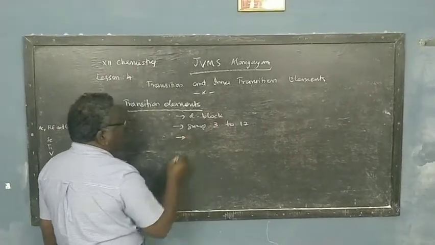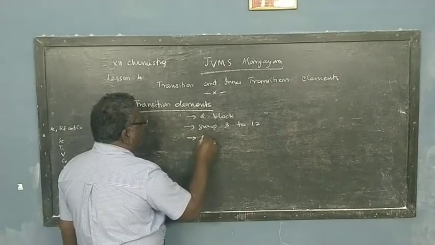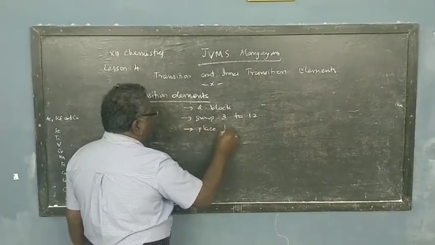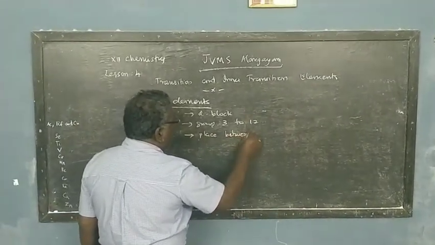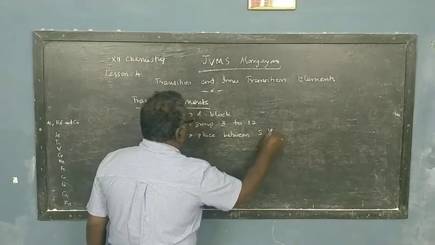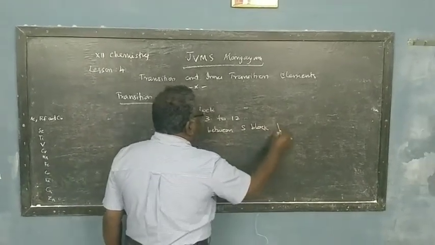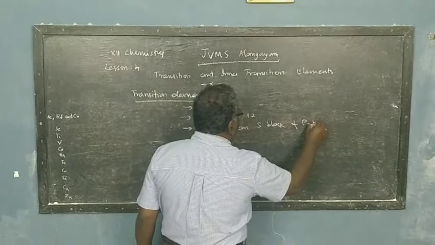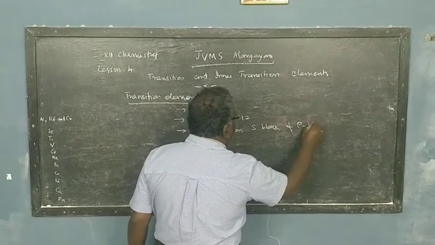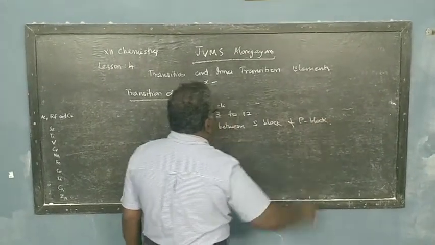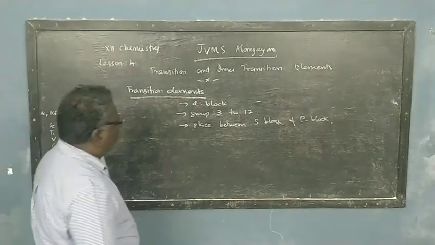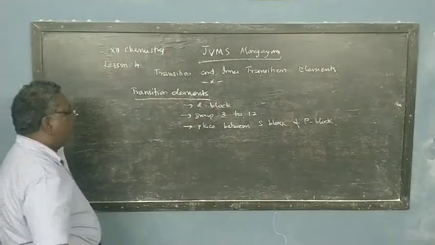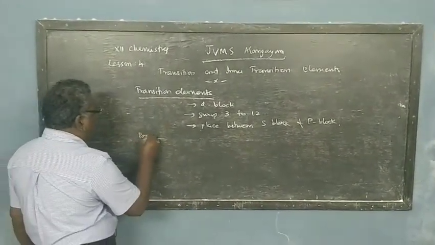And the third aspect is they are placed between S block and P block. So this is the important aspect of transition elements. The first characteristic we are taking up is the position of transition elements.